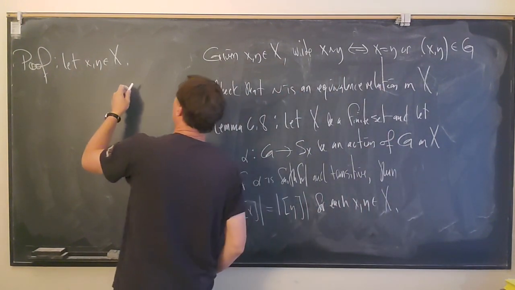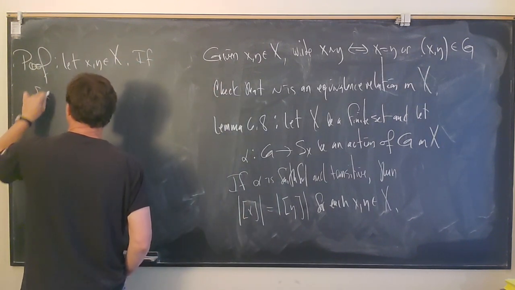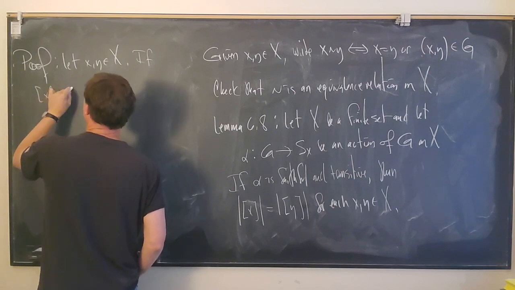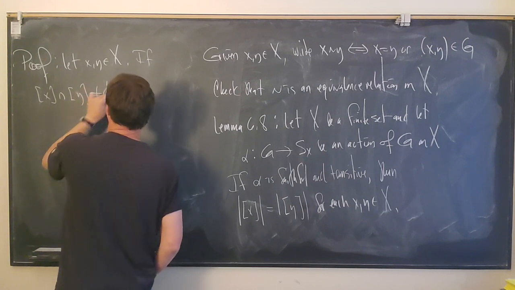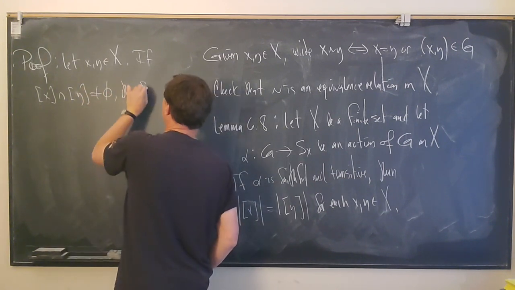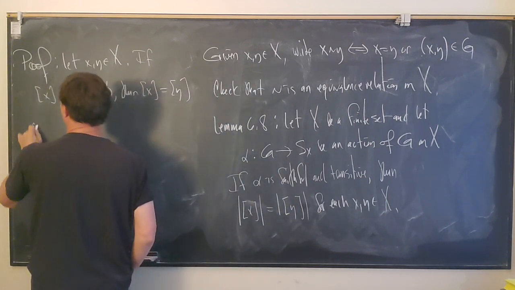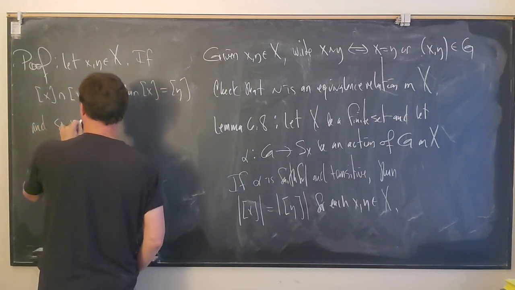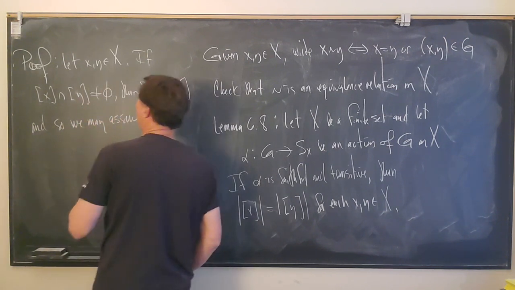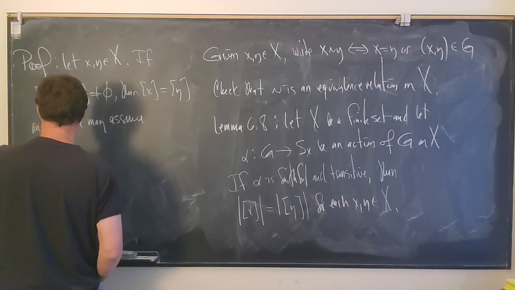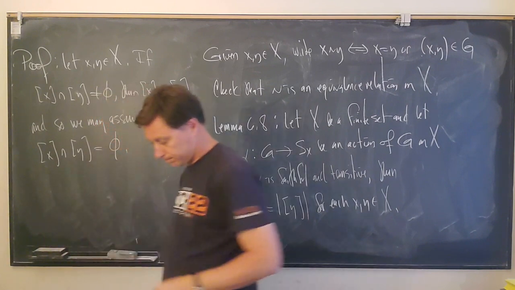If the equivalence class of x intersect the equivalence class of y is non-empty, then they have to be equal. So we may assume that the equivalence class of x intersect the equivalence class of y is empty.